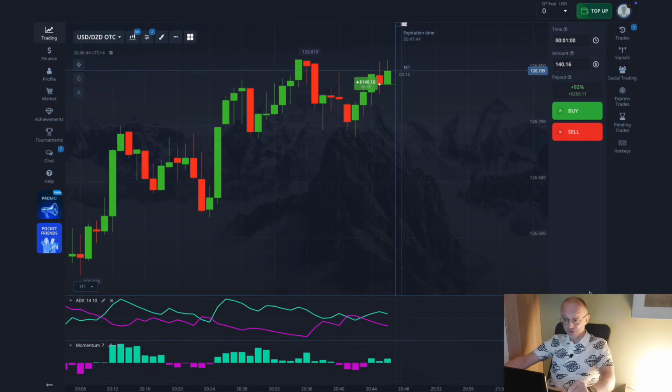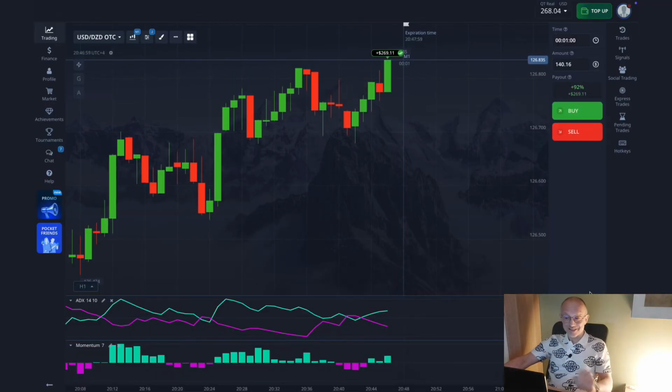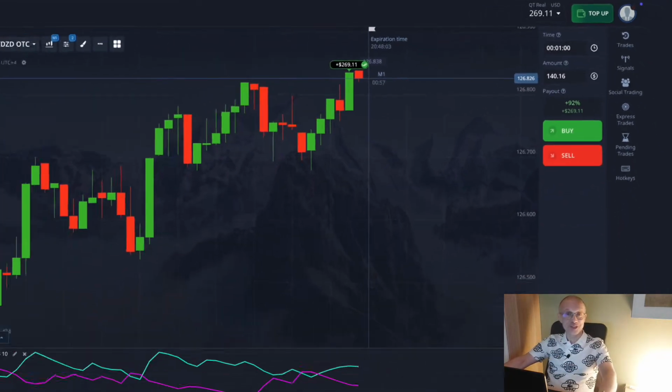The price is moving smoothly and logically, the signals remain in force, so the current situation looks as favorable as possible for a positive result. An excellent continuation. There's another $128 in profit.